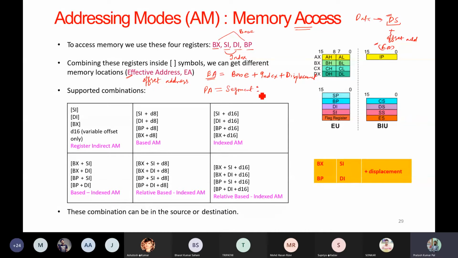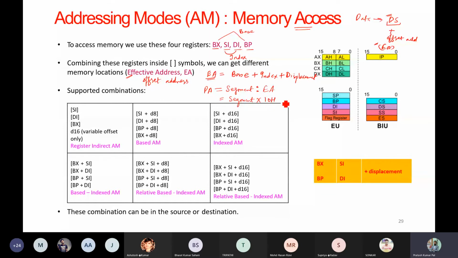Okay, so it will be the segment register multiplied by 10H, that is 16 in decimal and 10 in hexadecimal, plus the EA, whatever offset address there is, or we call it the effective address. Multiplying the segment register by 10H and adding the effective address will give out the physical address.